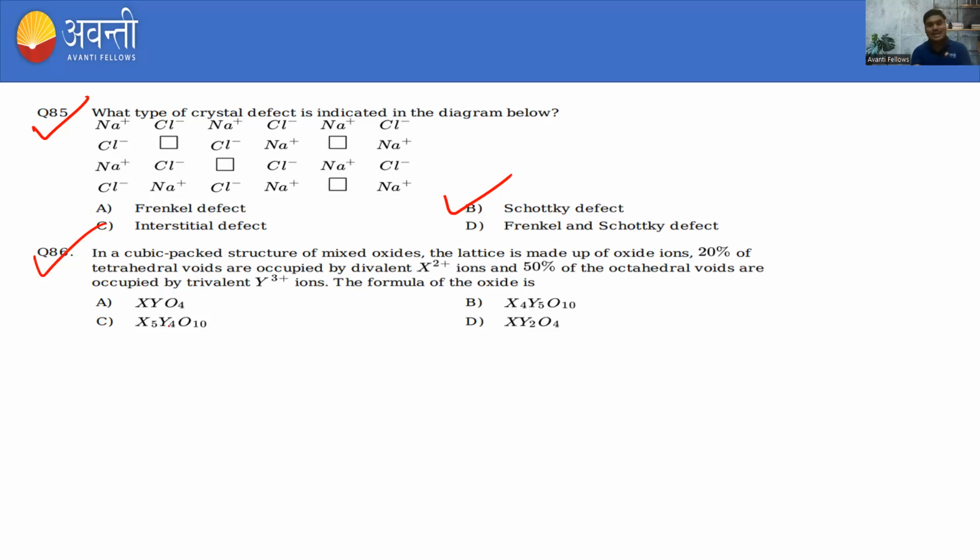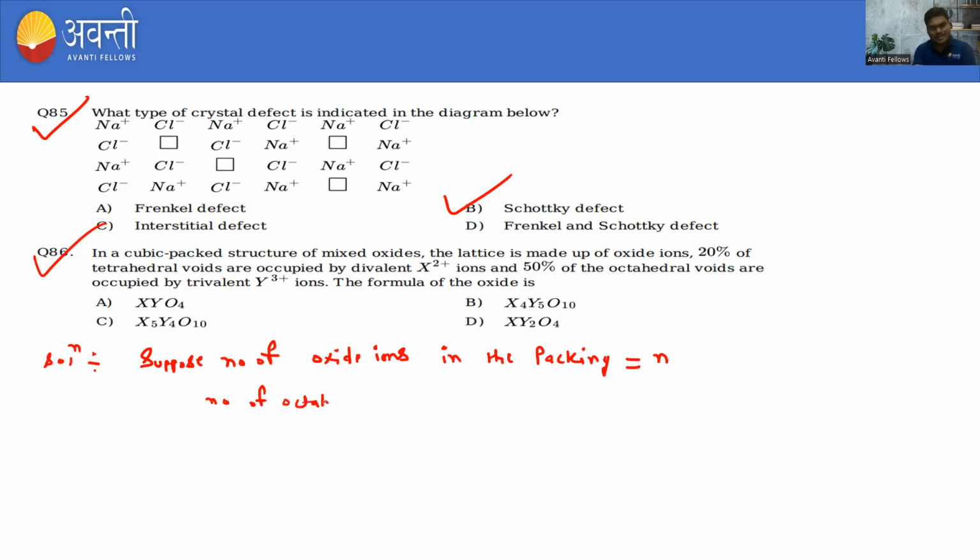So suppose the number of oxide ions in the packing is equal to n, and the number of octahedral voids is equal to n, right?